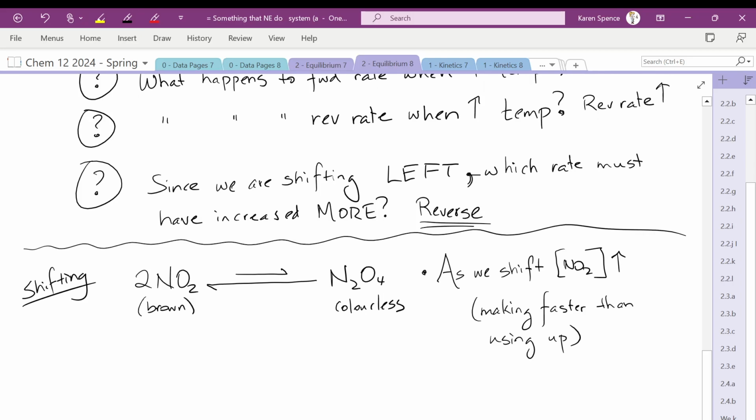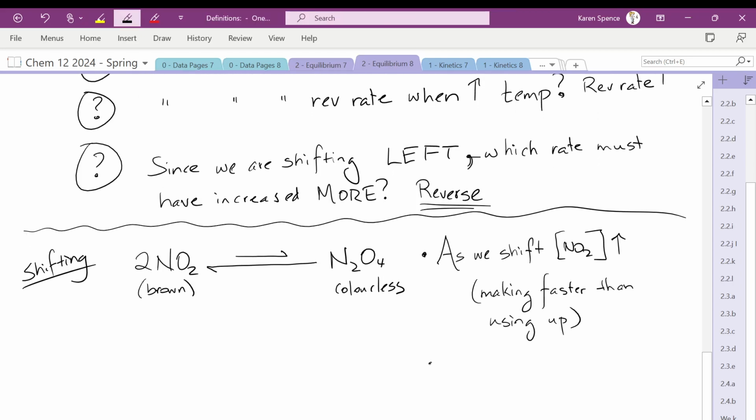As the concentration of NO2 increases, what happens to the forward rate? Chat with your neighbor about that.